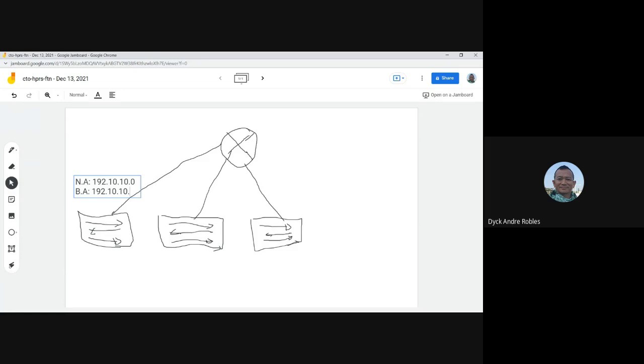Clear? So, the question: what is our broadcast address? If this is the size of all of them, what is the last number in this range, in this network? Anybody in the group?